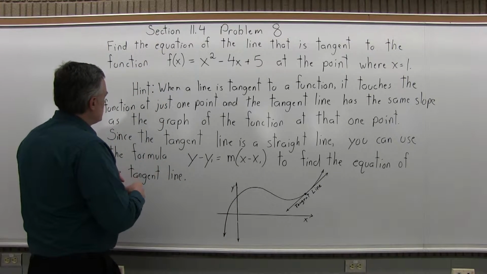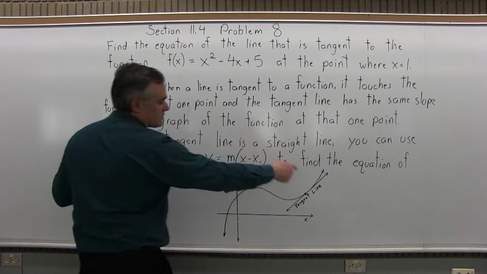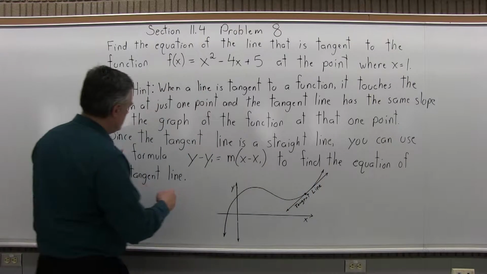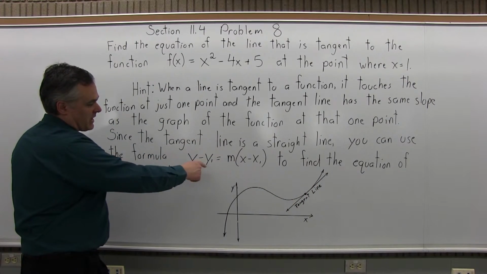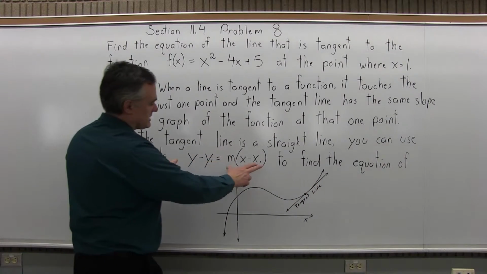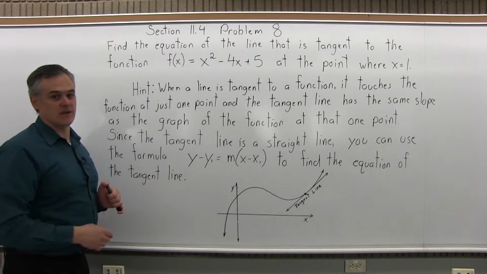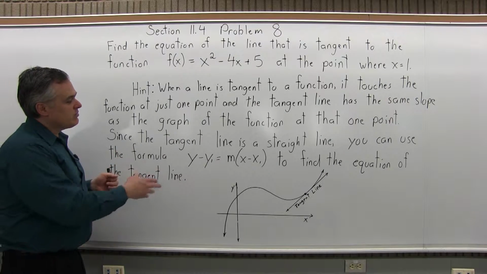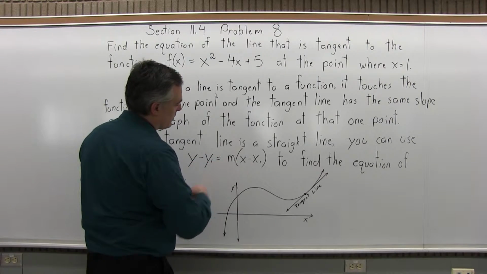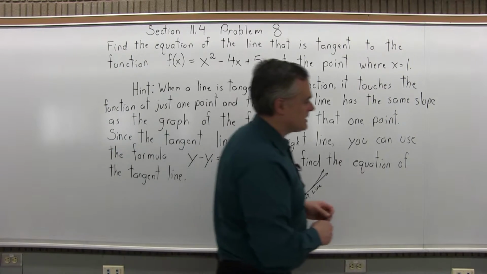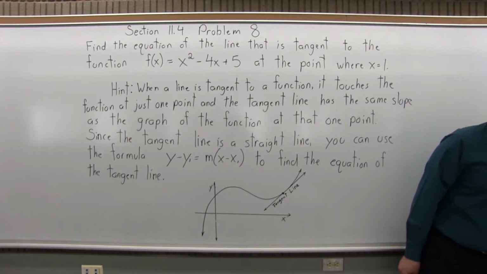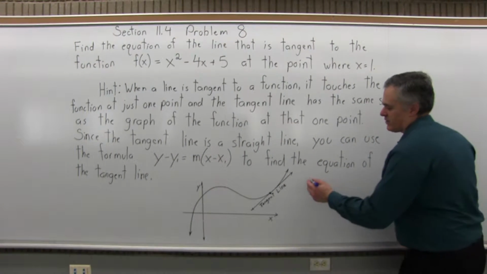And then the hint goes on to say, since the tangent line is a straight line, you can use the formula y minus y1 equals m times x minus x1. This is the formula for the equation of a straight line to find the equation of the tangent line. So now when we plug into this formula, it has three parts that we need to put in a number value.